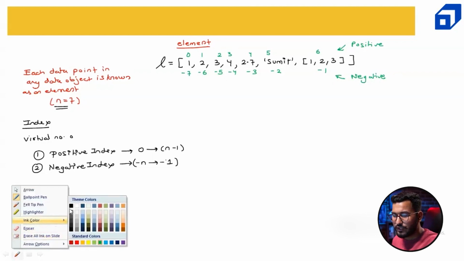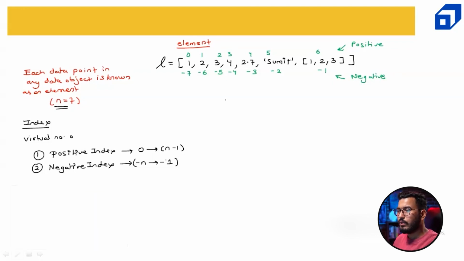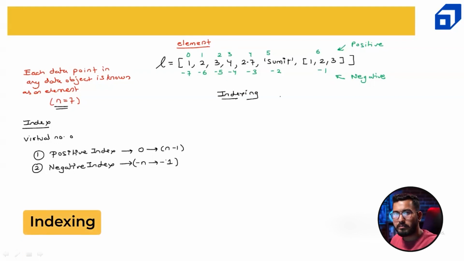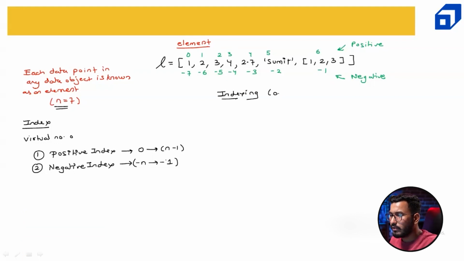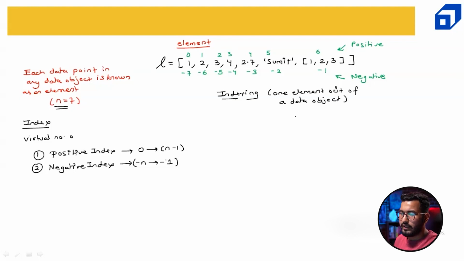Now if I want to fetch any element out of this particular list, there is a concept known as indexing. Indexing is basically the process of extracting one element out of any data object. So if I want to index, I'll just say L, square bracket, i.